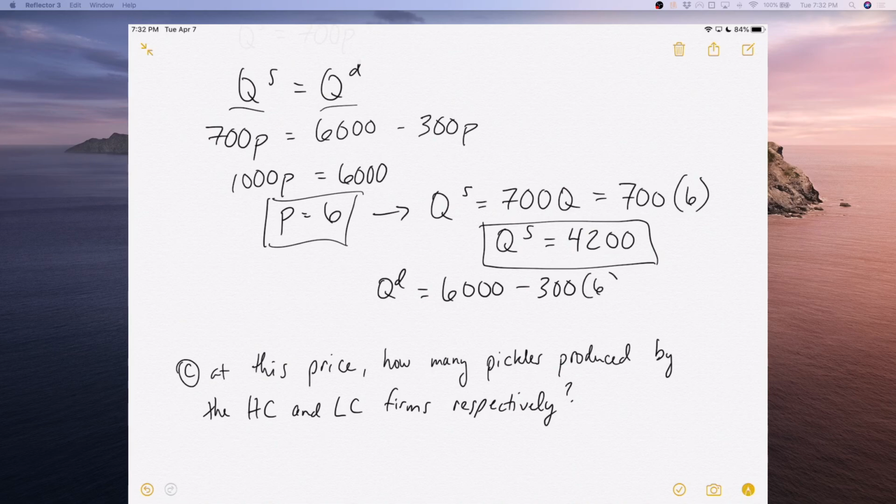Plugging that P into both is a good way to make sure that you got the right answer. Oh, I made a mistake. This Q should be the P, obviously.